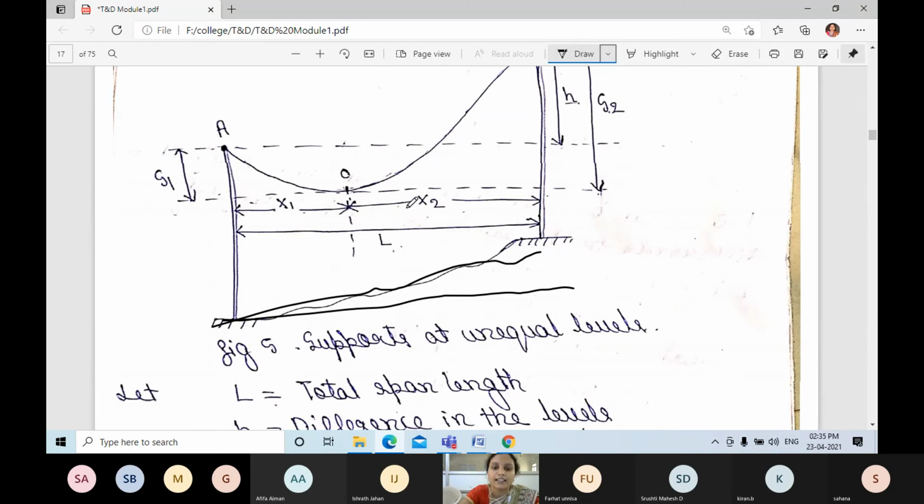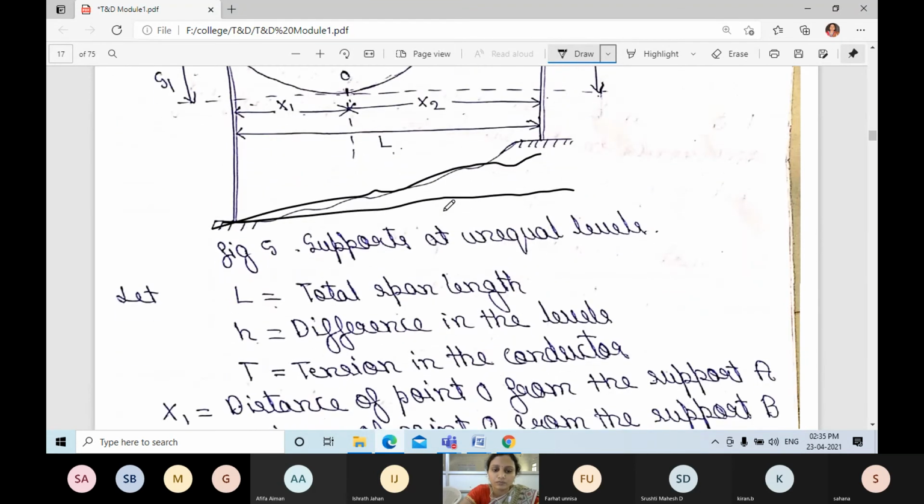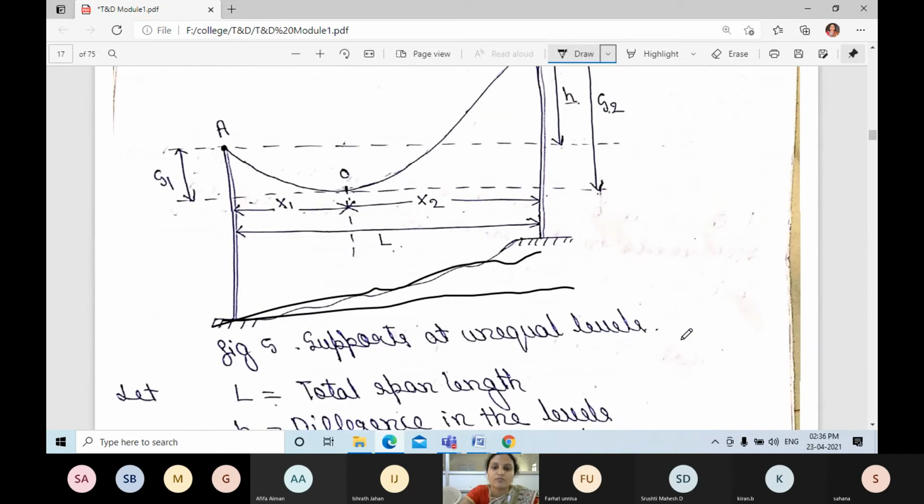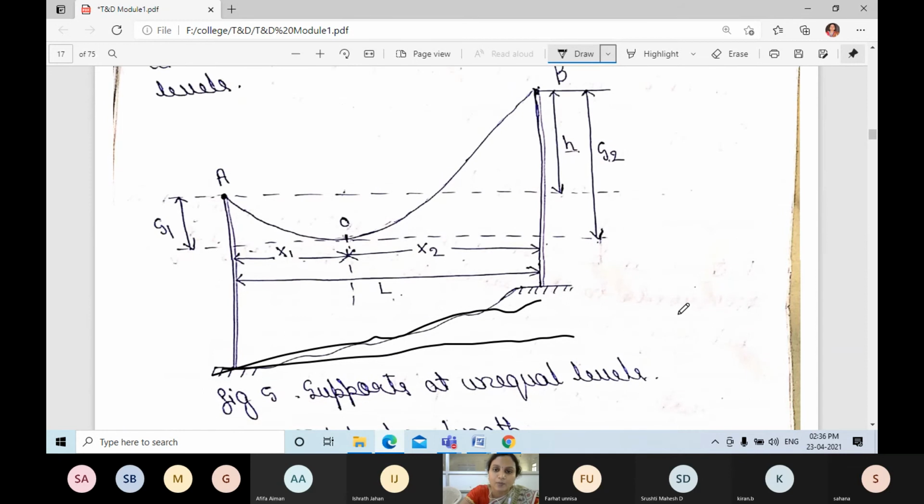Next, x1 and x2 from point O. The distance of point O from support A is x1, and the distance of point O from support B is x2.